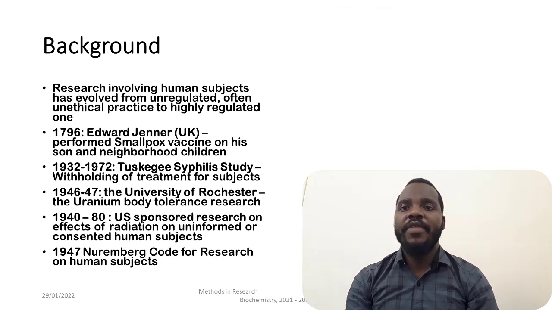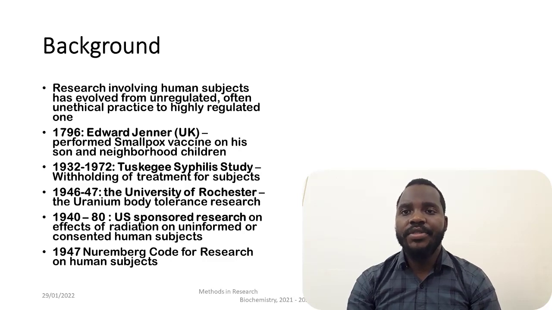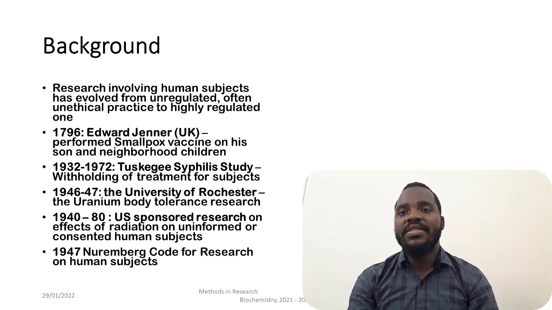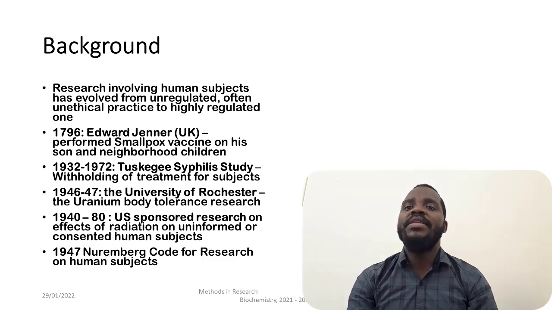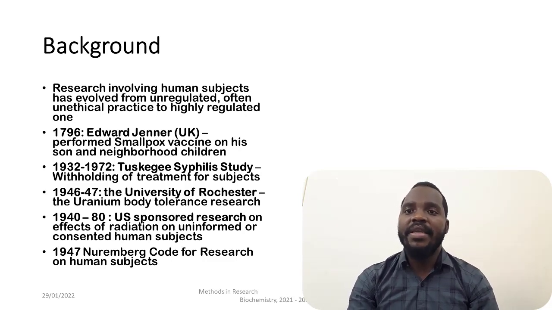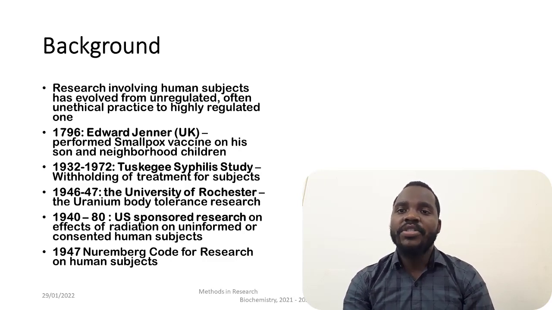Research practice involving humans and their samples has evolved over the years. In the past, there have been recorded incidences of research studies done on humans that are now clearly classified as unethical by current standards. From 1932 to 1972, the Tuskegee research on syphilis in the US was one such unethical research practice.